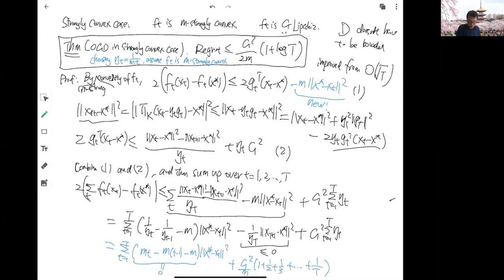So for people who still remember this, what do we get with the sum of 1 over t, when t goes from 1 to capital T? What do we get here? What is the scale of the sum of 1 over t?